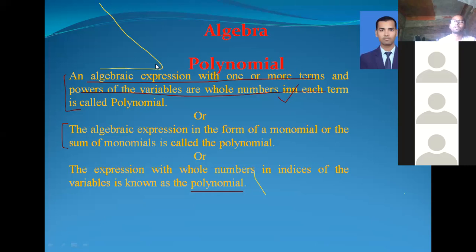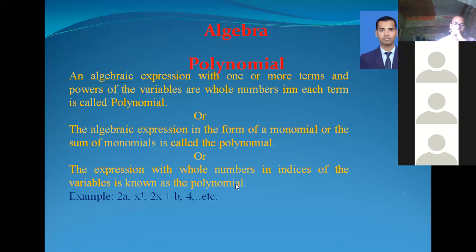So in this way, let's talk about polynomials with examples. For example, we have here 2a, x to the power 4, 2x plus b, 4.